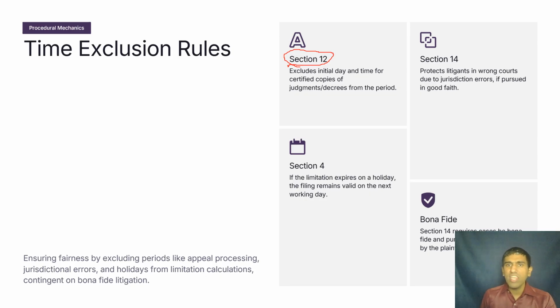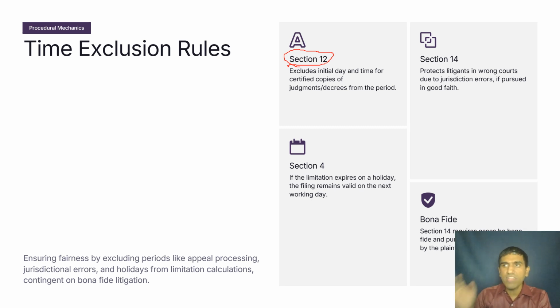So essentially under section 12, if you are filing an appeal, or a revision or review of the original case either before the same court or before a higher court, the date of pronouncement of the final judgment, and the time required for the court to provide a copy of the judgment or decree to the plaintiff.